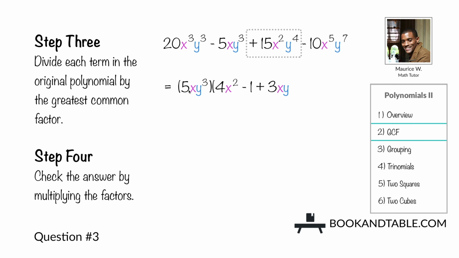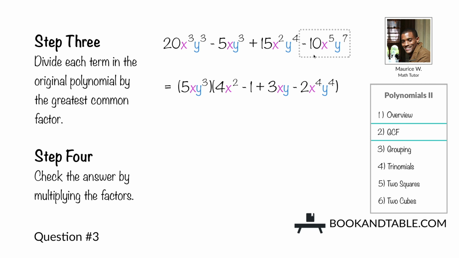Positive 15 divided by 5 is positive 3. X squared divided by x is equal to x to the 2 minus 1, which is x. And y to the fourth divided by y to the third is equal to y to the 4 minus 3, which is 1. So we wind up with positive 3xy here.